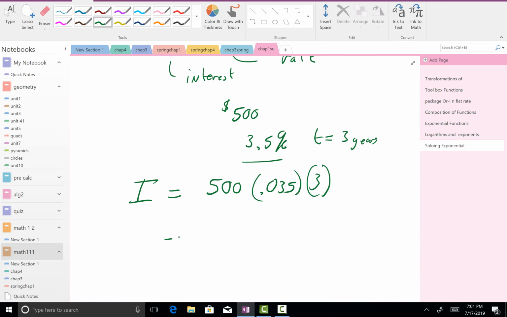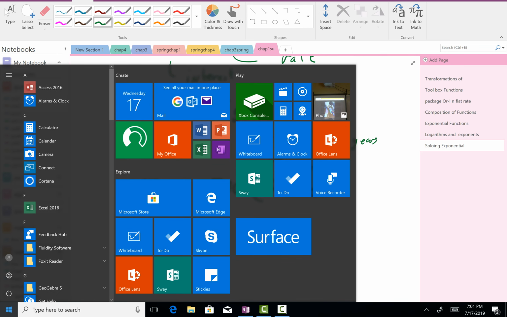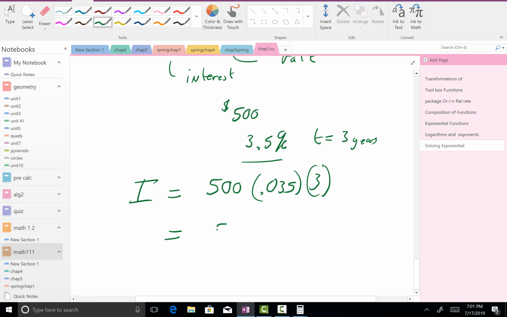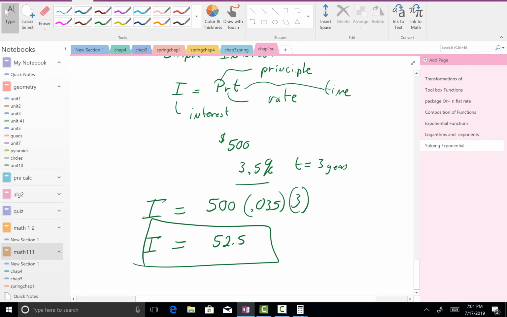And then that gives you the answer, okay? So that's just real basic interest. Okay, simple interest formula. All right.